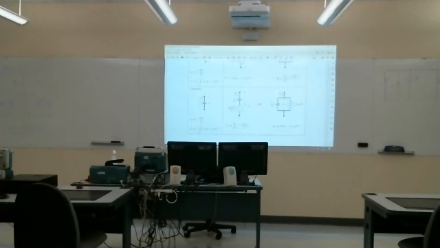So how do you want to solve this problem? You could use current division. We could get the total susceptance, the sum of the reciprocal impedances.